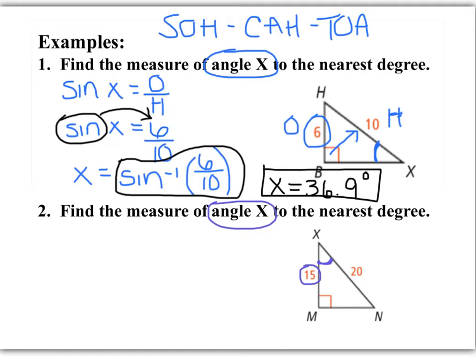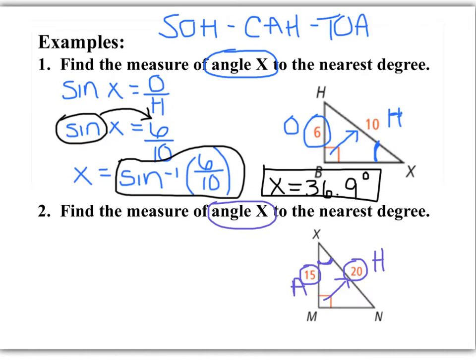So because the 15 touches the angle x, I know that this side is my adjacent. Now let's look at the 20. I notice that the 20 is opposite the right angle. The side opposite the right angle in any right triangle is always the hypotenuse.